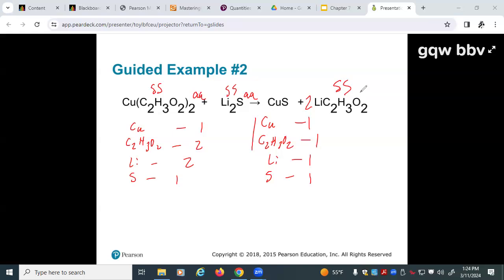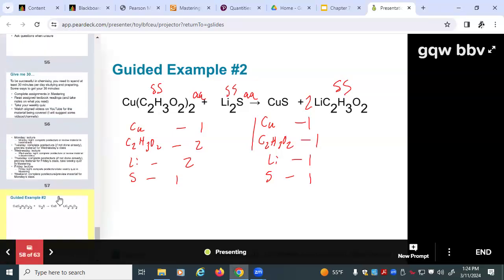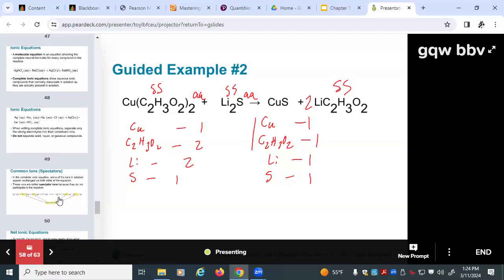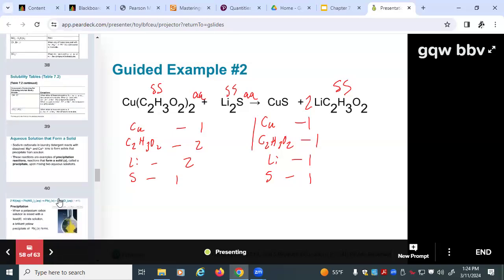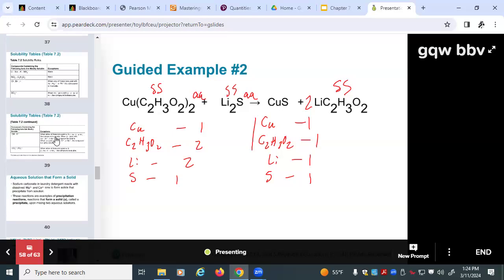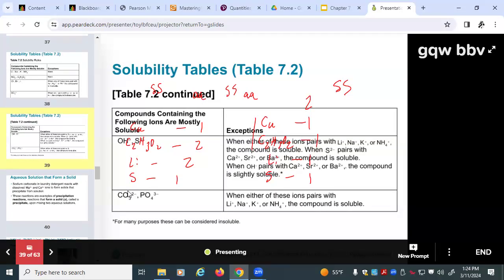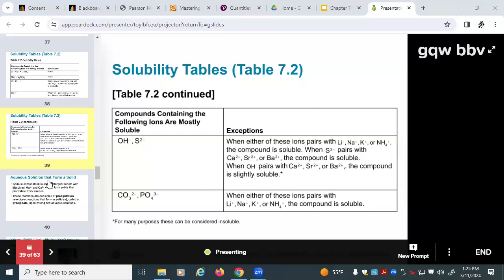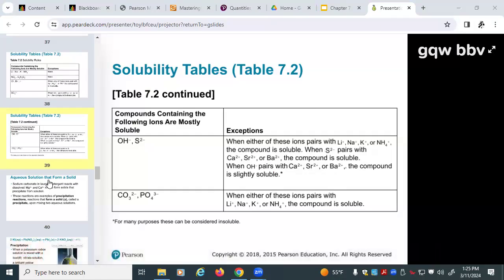Well, if I go back to my solubility rules, I can see that sulfides are usually insoluble.